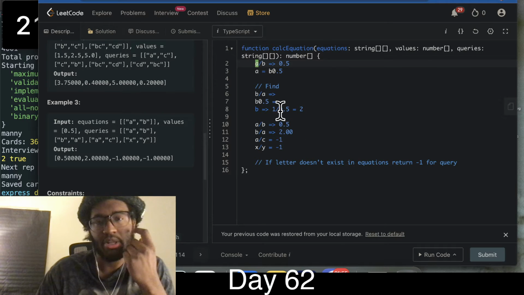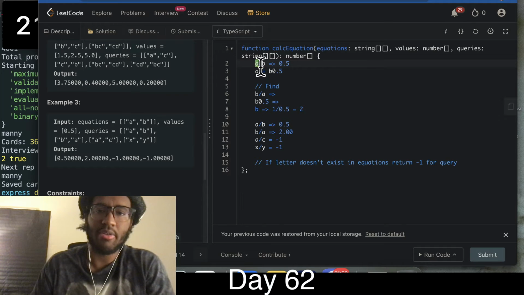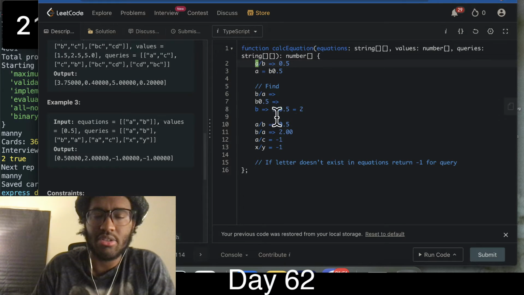So maybe this is the plan. If you have A over B, you find the query.